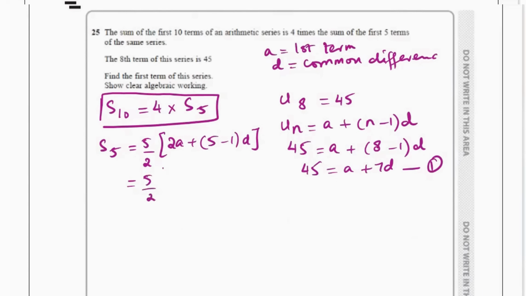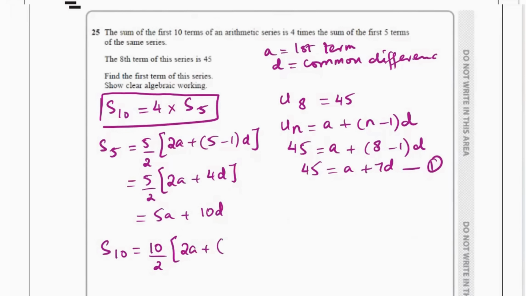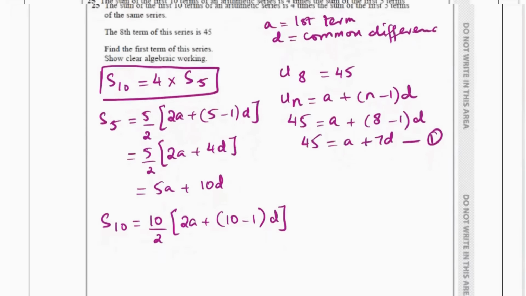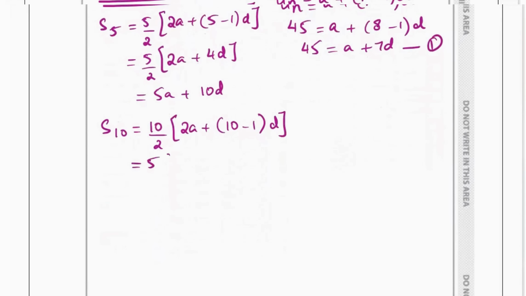So 5 over 2 times 2A plus 4D, 5A plus 10D is the sum of the first 5 terms. Now the sum of the first 10 terms is going to be 10 over 2 times 2A plus 10 minus 1 times D. That's 5 bracket 2A plus 9D, which is 10A plus 45D.